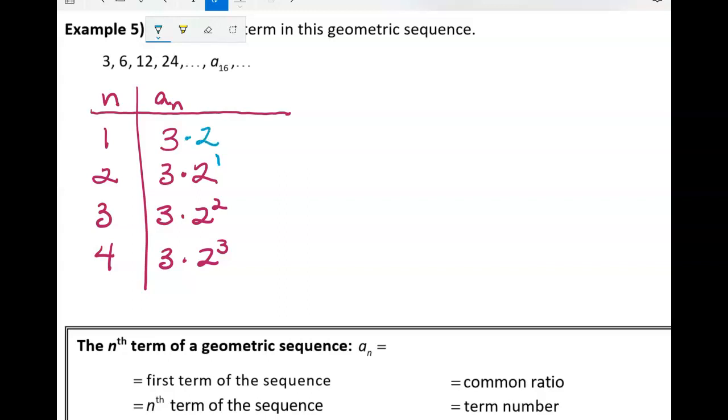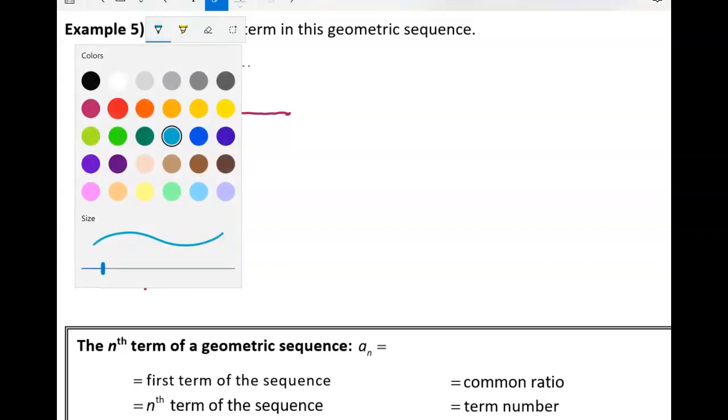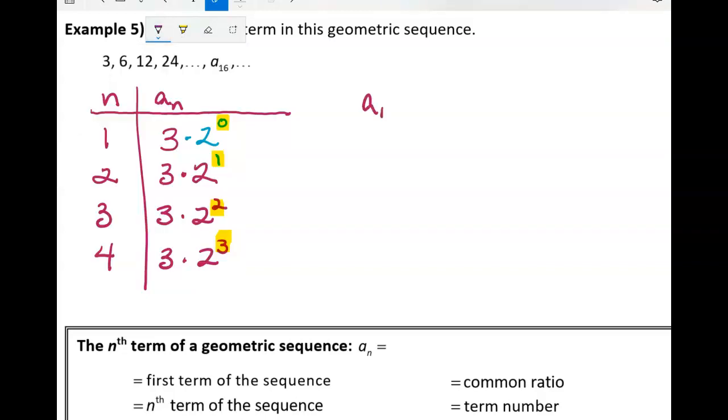And in the first row, we have 3 times 2 raised to the 0 power. What you can observe about those exponents is that they're all 1 less than the term number. So in general, a sub n is 3 times 2 raised to the 1 less than the term number. If we want to find the 16th term, that would be 3 times 2 raised to the 16 minus 1.